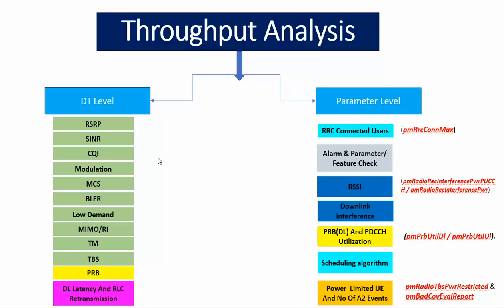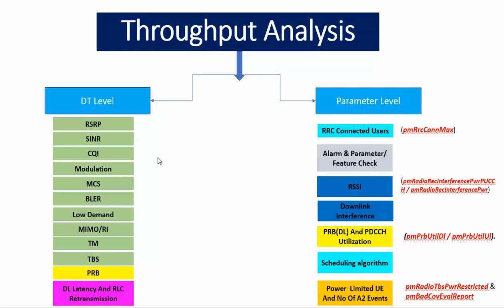First of all you should know what the NodeB is using, and check whether you are getting it or not. If you are getting a low modulation, that means you need to raise it.